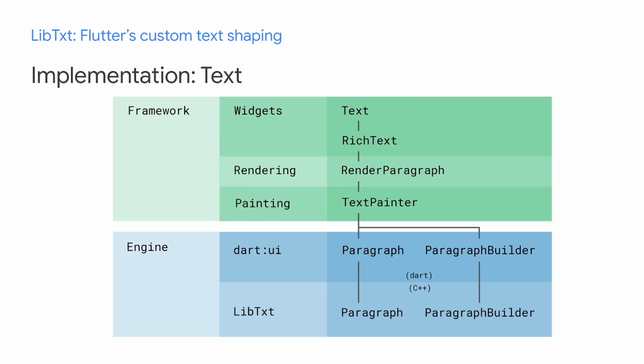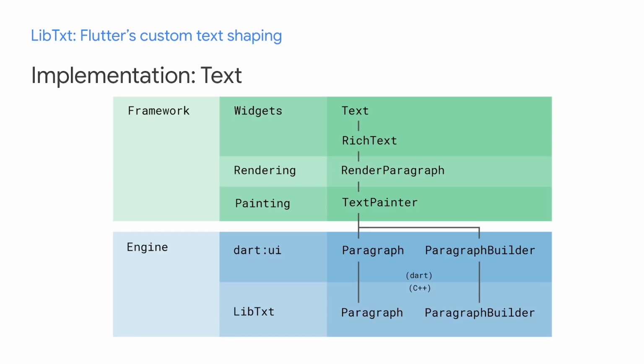So here's a quick diagram of how the text widget works. If you look at the bottom here in the engine, you can see that LibText sits at the very bottom with the C++ implementations of Paragraph and Paragraph Builder. Right on top of that, mirroring the LibText C++ implementation, is Dart UI's Paragraph and Paragraph Builder. This takes the C++ API and turns it into a Dart API, which the framework can then use.